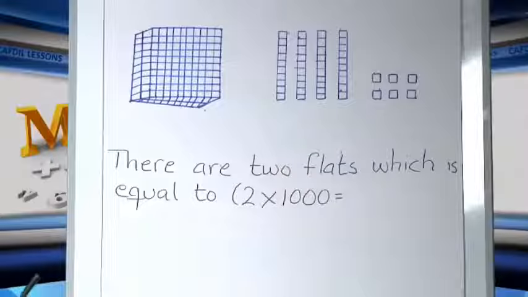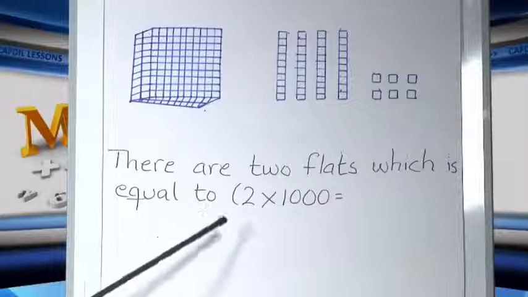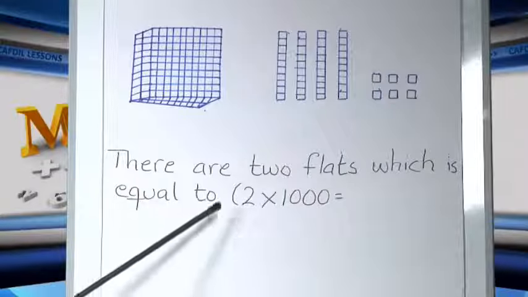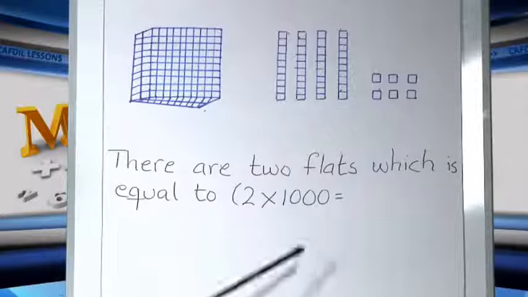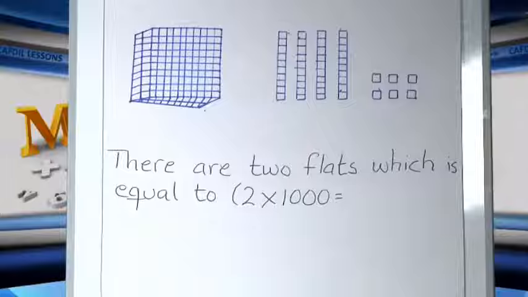And remember we said 1 flat represents 1000. So if I'm having these 2 of them, it's going to be 2 times 1000.